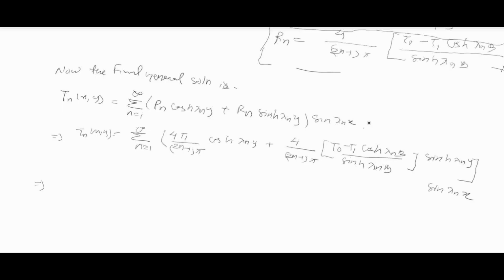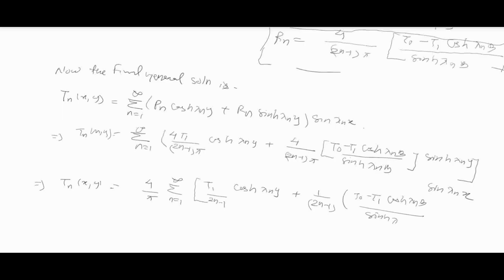Or we can write in simplified form, taking 4 by pi out: T(x, y) is equal to 4 by pi summation of n is equal to 1 to infinity, bracket starts, T1 by 2n minus 1 cosh lambda n y plus 1 by 2n minus 1 into T0 minus T1 cosh lambda n b by sinh lambda n b, whole into sinh lambda n y, bracket closed, into sin lambda n x.